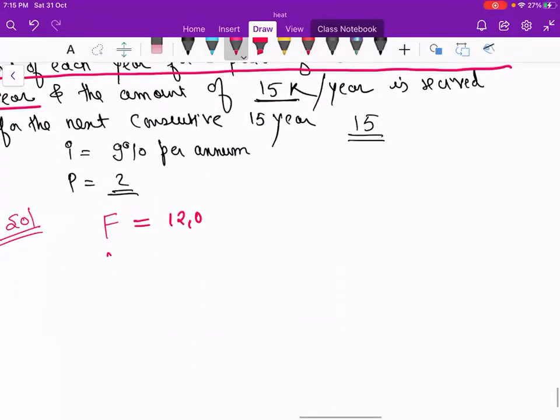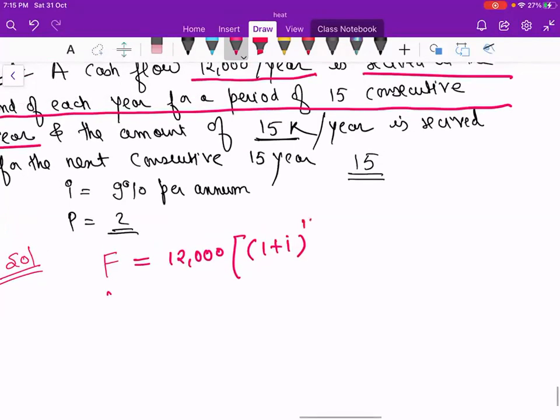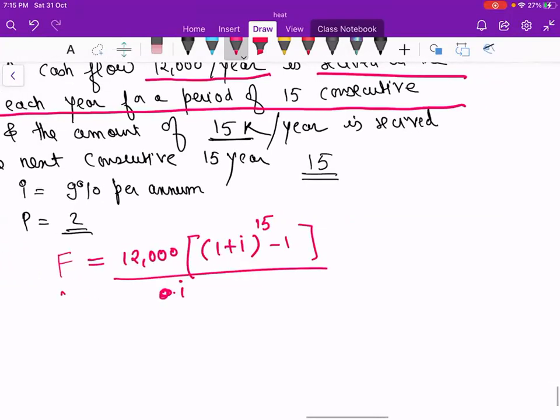The formula is 1 plus i to the power n, you know the value of n is 15, minus 1, upon i. I will directly write the i value here, because i is not important, you know it is directly 9%.